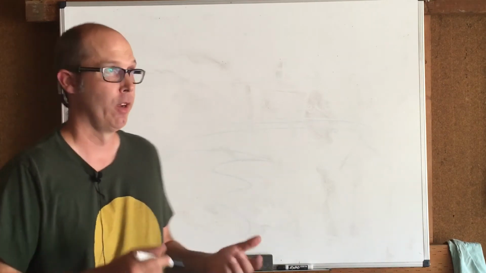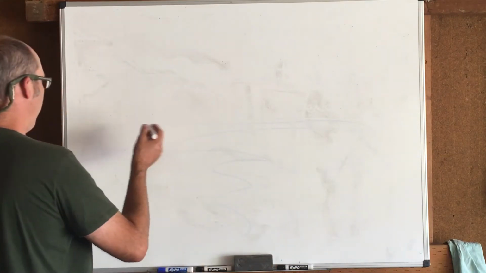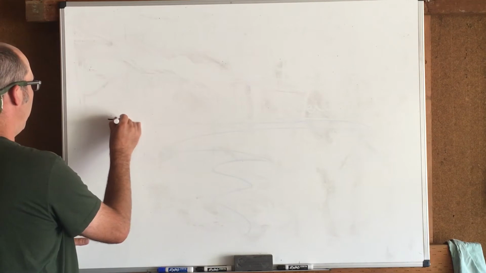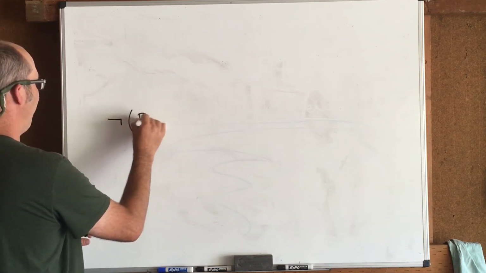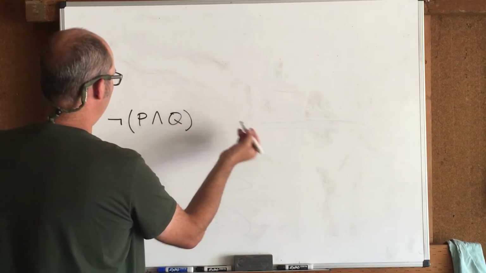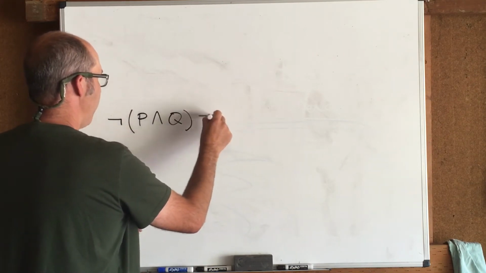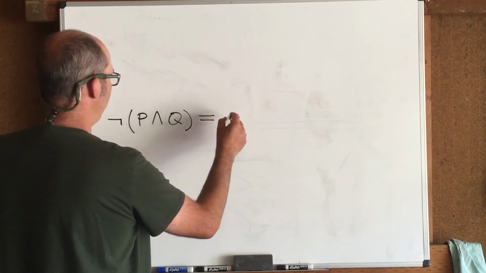So two logical expressions are said to be logically equivalent if the final columns of their truth tables are exactly the same. Okay, so what I'm going to do here is prove this first De Morgan's law, that the negation of P and Q is the same as, now you would like to write equals, right?